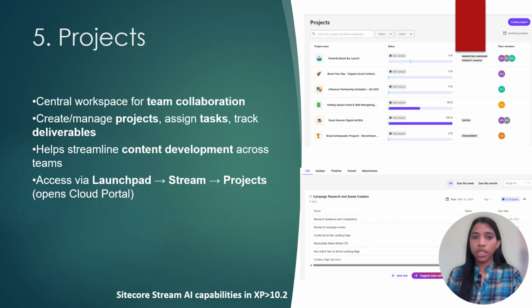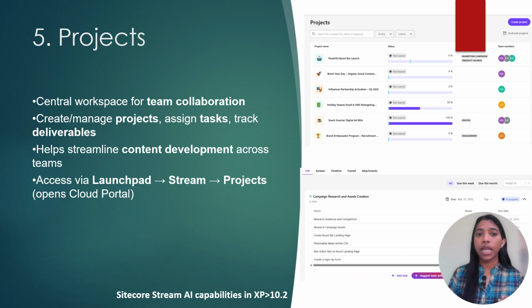It is the project management feature that is available on Sitecore Stream. It can also be accessed through the Sitecore Launchpad. In the project section, we can create projects, manage them by creating tasks, and add team members to the tasks. We can also assign work.